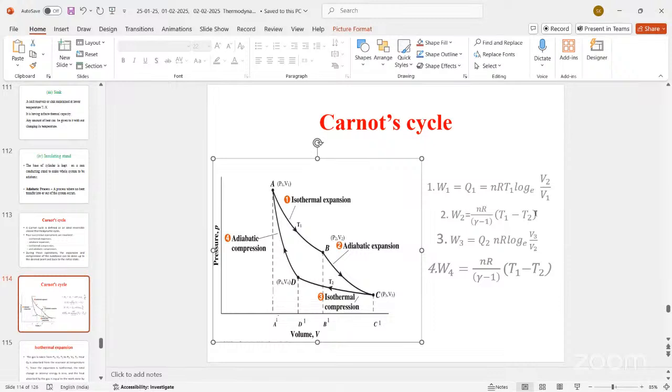In the third position, in isothermal compression, it will convert from P3 V3 T2 to P4 V4 T2, right? Then what equation will we get here? W3 = Q2 = nRT2 log (V3/V4). See here. Q2 is equal, kada madam. Sorry. Yeah, this is equal to. Okay. Okay na? Yeah. Okay.